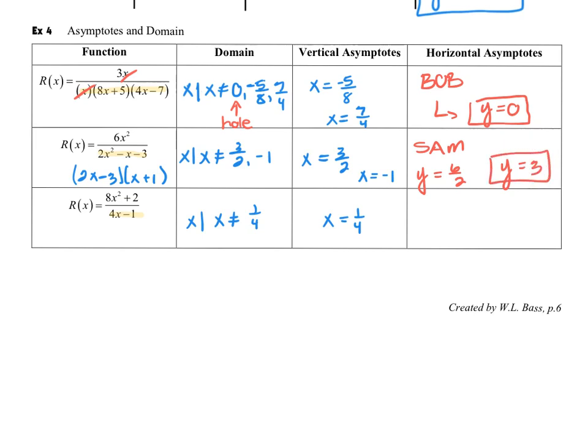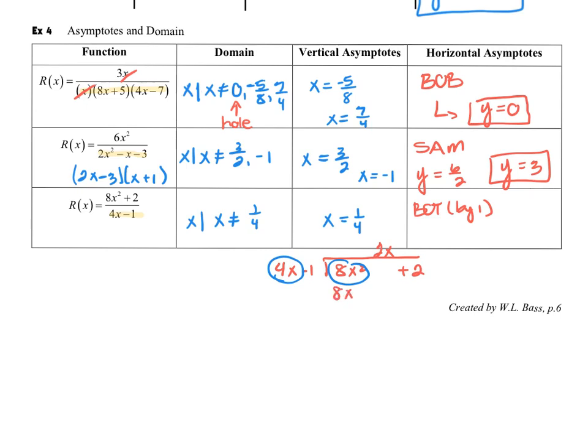The last one is a Bot. It's specifically a Bot by 1, which means that I should get an equation for a line. So I'm going to start my long division, and I have to do long division on this one. I'm going to start this off with my 8x squared. I'm going to give myself a gap plus a 2. You can fill in the 0 if you want. 8x squared divided by 4x gives me a 2x.